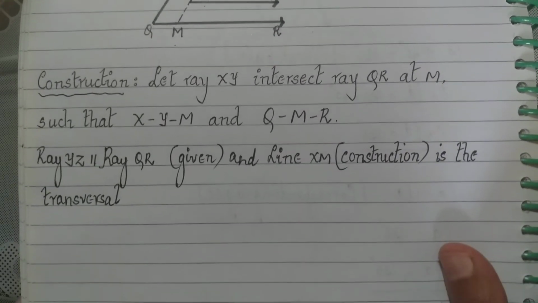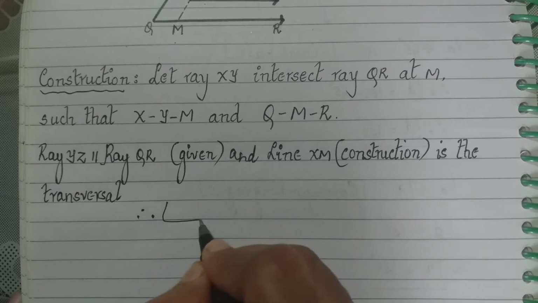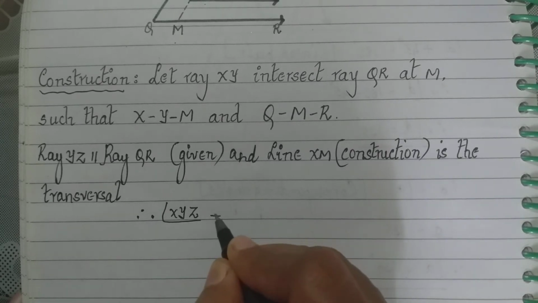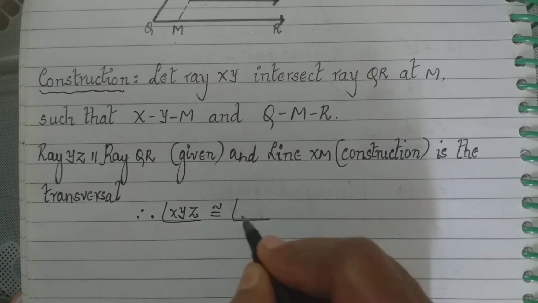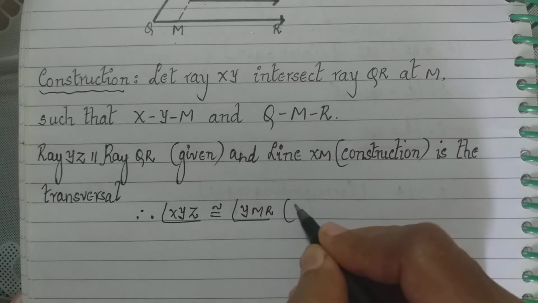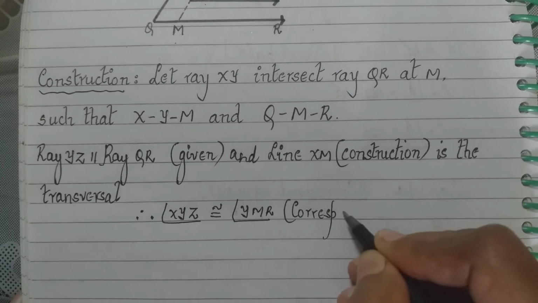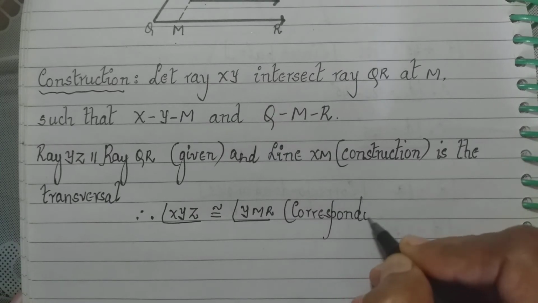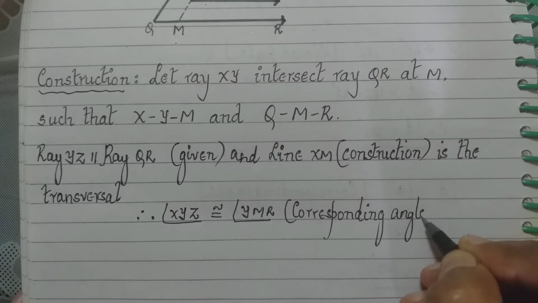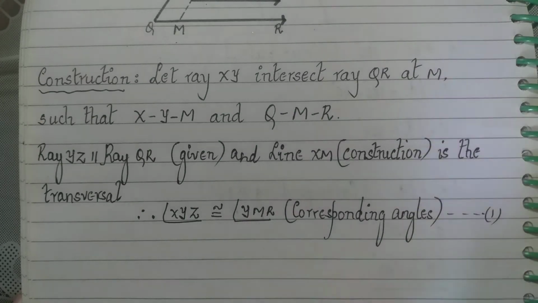So we can say that therefore angle XYZ is congruent to angle YMR. The reason we write is corresponding angles, and number that as 1. Angle XYZ and angle YMR.